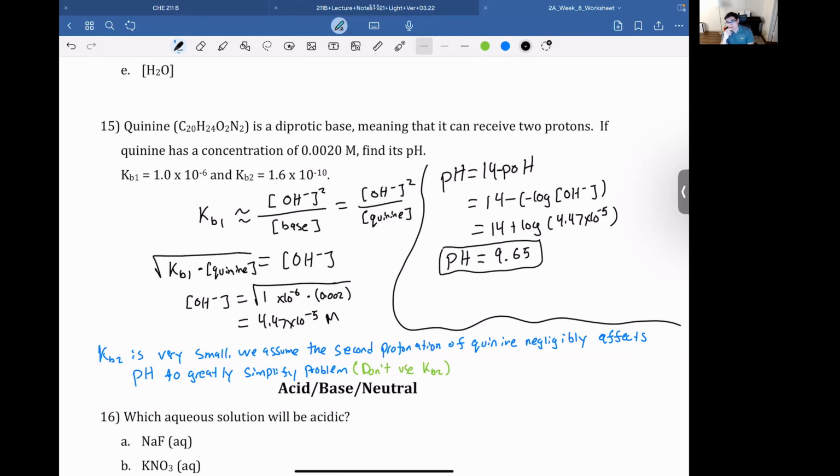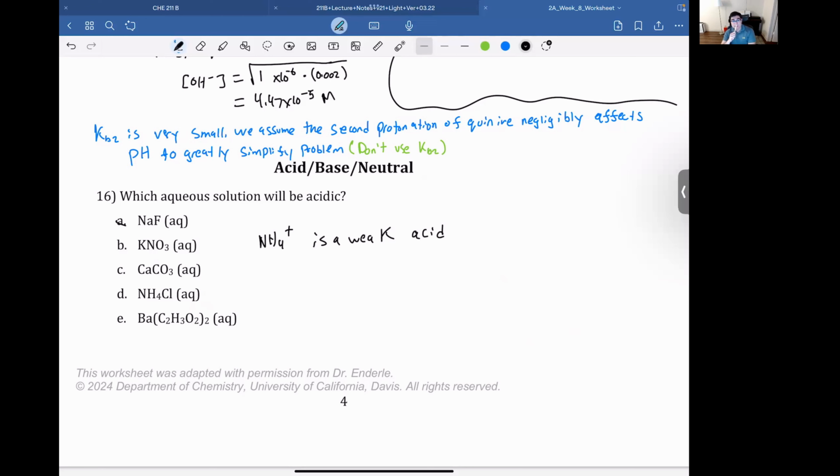If you look at each of these, with NaF, you have Na, which doesn't do anything in water. You have F minus, which is a weak base, so it's going to end up producing OH minuses. So it can't be A. Really, you're looking for the one that gives off an H plus. For B, the potassium and the nitrate don't do anything in water.